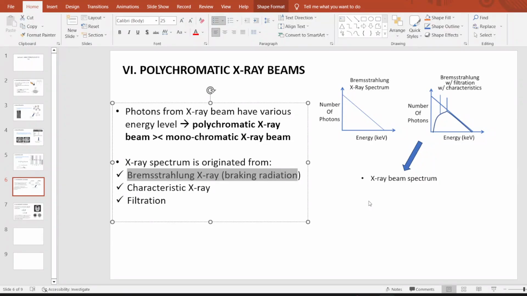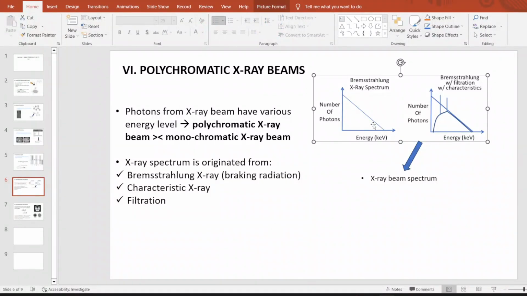Velocity means energy, so the process of decreasing velocity releases energy, releases a photon. That is the X-ray beam, called the Bremsstrahlung X-ray beam. So we have the Bremsstrahlung X-ray spectrum here: a higher number of photons correlates with a lower energy.